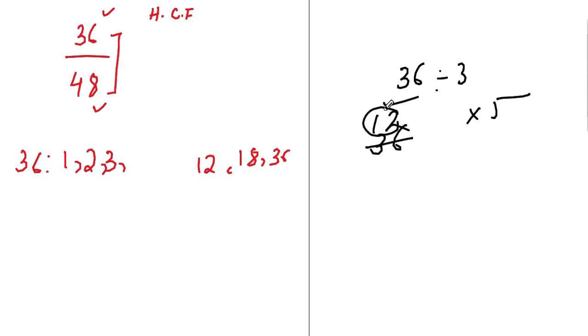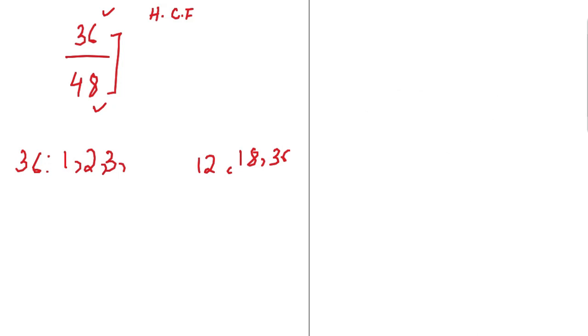It means that if you divide 36 by 3, you will get your answer equal to 12. 3 times 1 is 3, and 3 times 2 is 6. So your answer is 12 here. I am going to teach you again how we can use this method. When you practice, you will know how to do that.